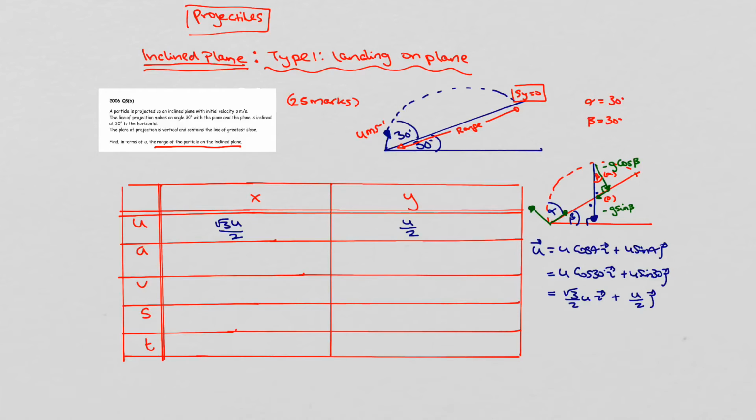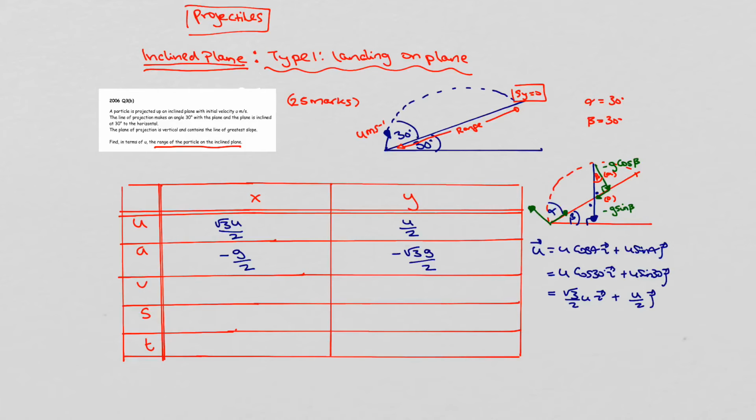It's a half, and cos beta, in other words cos 30, will also be root 3 over 2 again. So therefore for the x direction, it's going to be minus g sine beta, so it's going to be minus g over 2. And in the y direction, it's minus g cos beta, which is minus root 3g over 2.